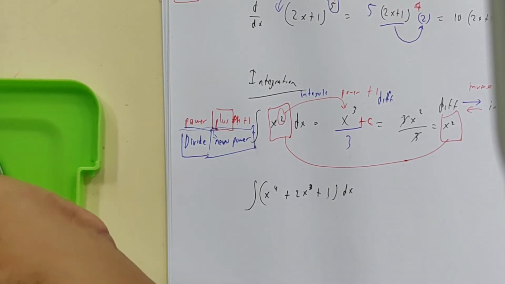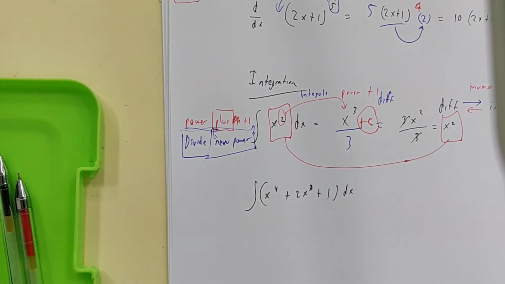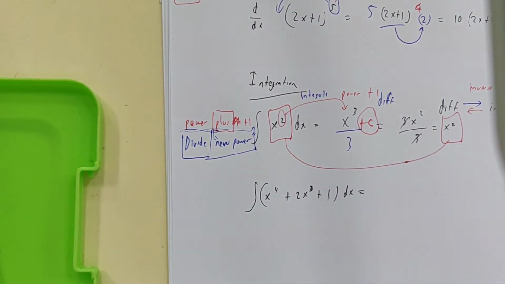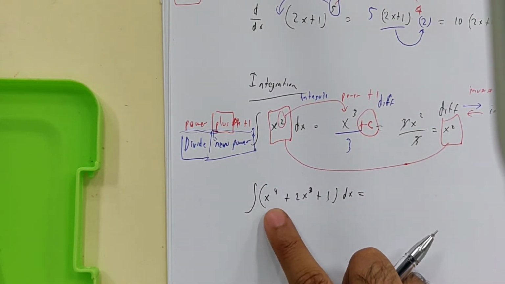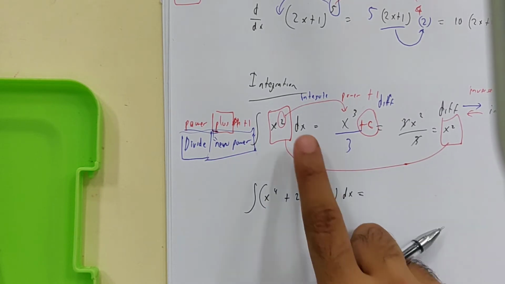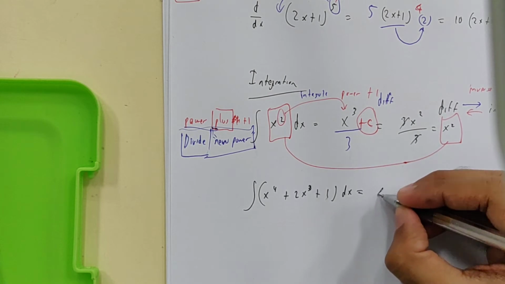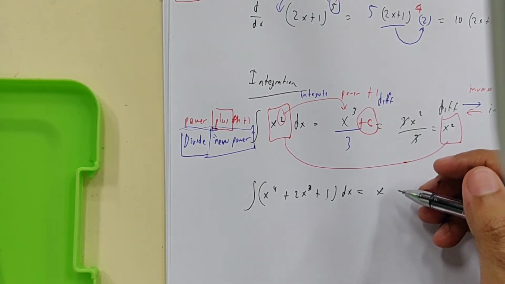Yep, please do not forget your plus c. If you forget the plus c, if I mark your paper personally, I minus marks. Alright, so this one, apply back what you have learned just now. Okay, I give you 30 seconds on your own. Then we compare our answers.